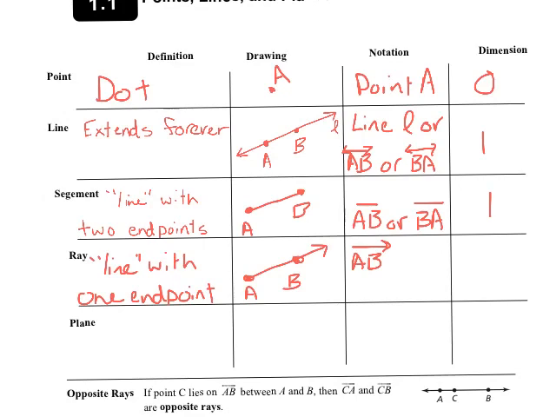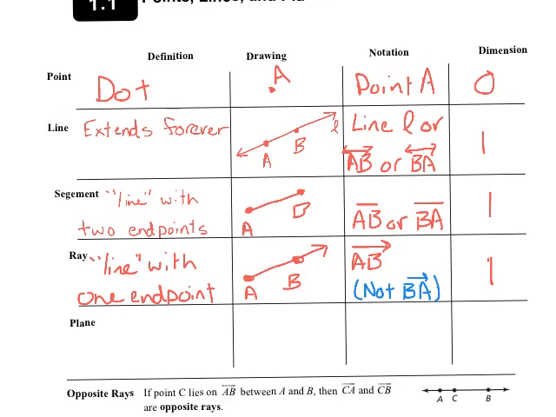So you might put yourself a little note in here that this is not BA, because on lines and segments we were able to flip-flop it around, not on rays. Does that make sense why? Because B is not the endpoint, B is the go-on-forever. And again, it's one dimensional.